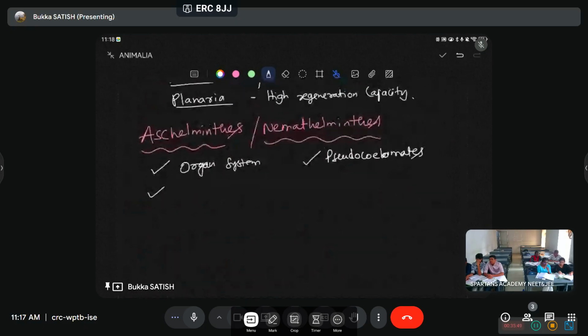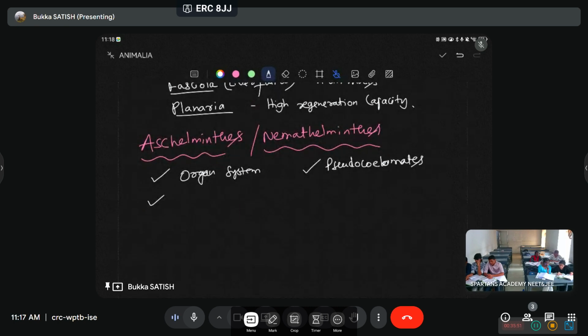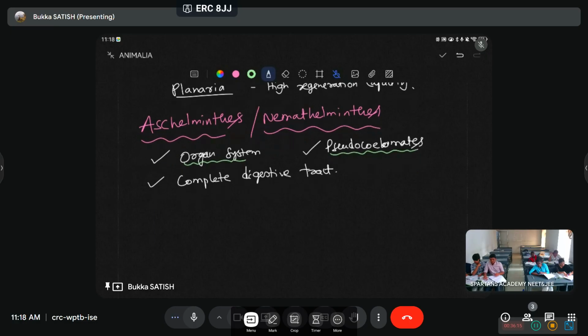First time what developed here? Complete digestive tract. So these are some new changes that happened in this group. Very importantly, organ system levels developed and also coelom developed. But of course, it is a false coelom. Other things we have already seen earlier.